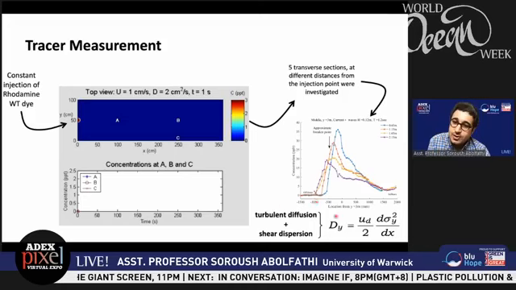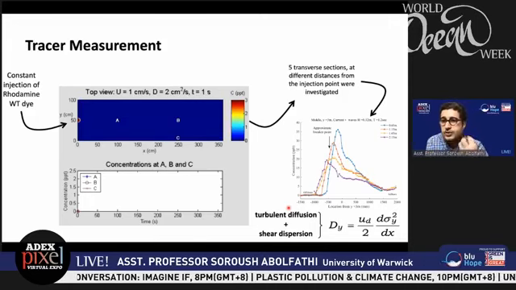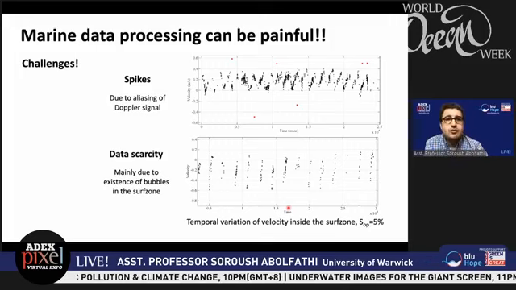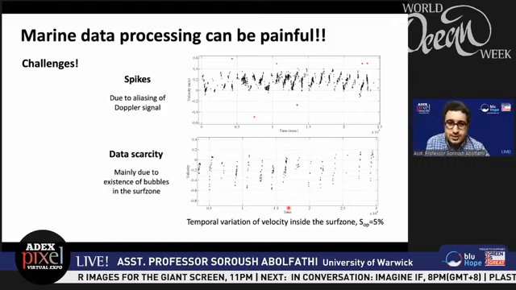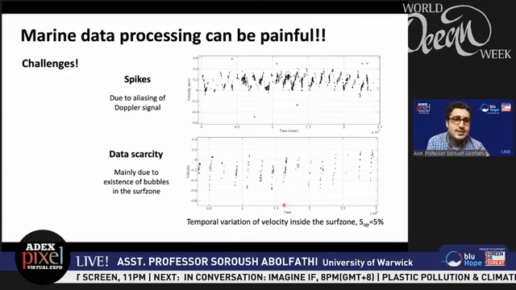So what we did, we started analyzing this tracer measurement, and we got the actual mixing coefficient. And then we tried to rebuild the same thing using the hydrodynamic data, when we realized that marine data are not the most user-friendly data set that you can ever get, because first you have huge spikes in your data set, and you have data scarcity because of the complicated nonlinearity of the system.